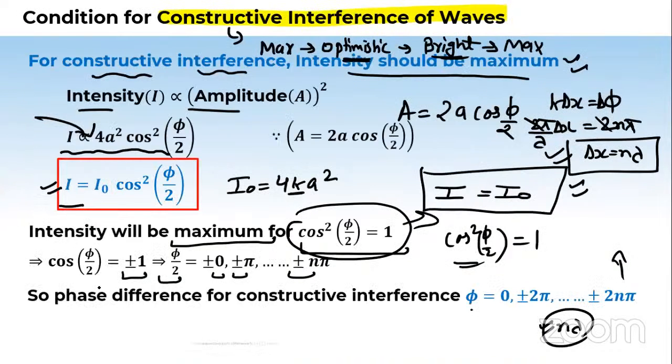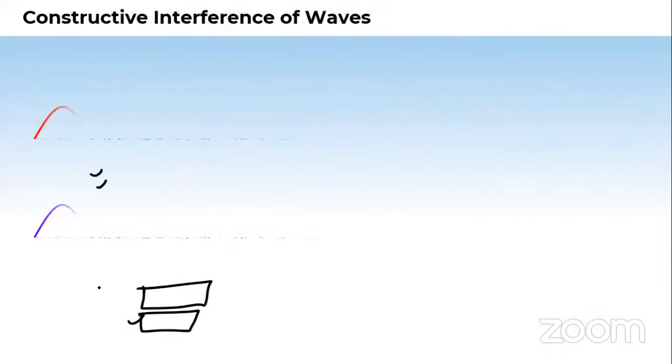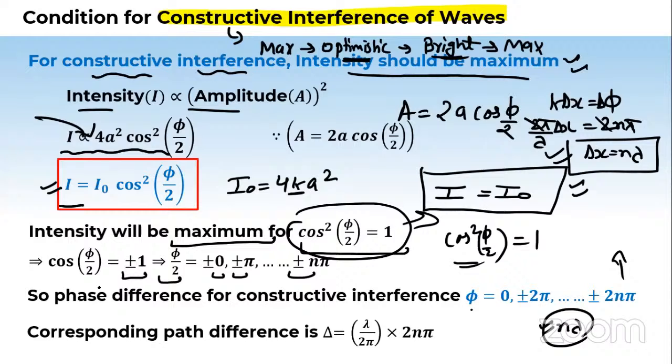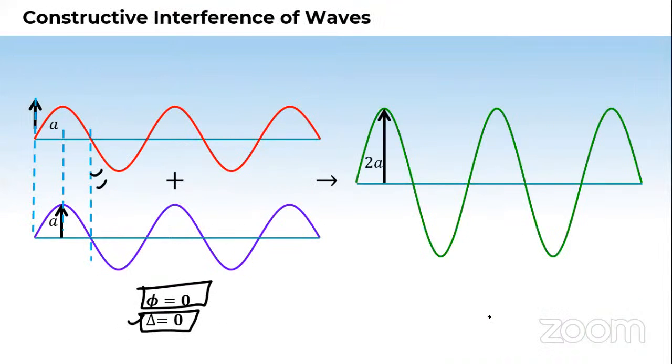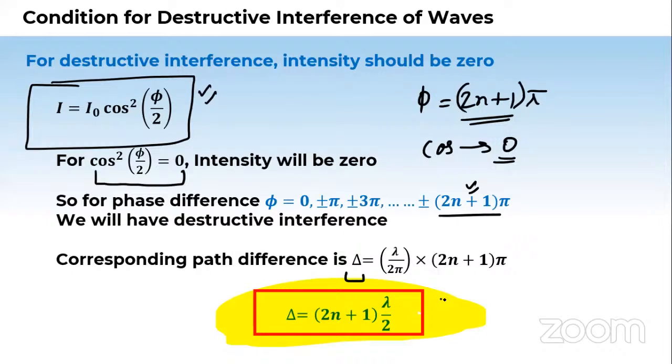Next is constructive interference: path difference is equal to nλ. And for destructive interference, the path difference is equal to (2n+1)λ/2.